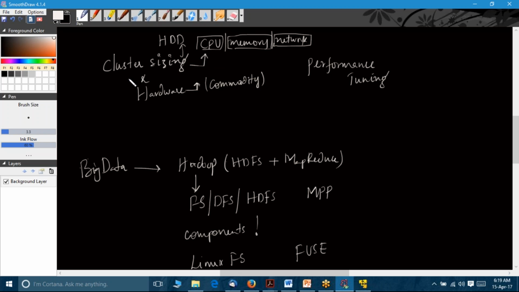Any idea towards cluster sizing, friends? How do you decide the cluster sizing? Based on what?